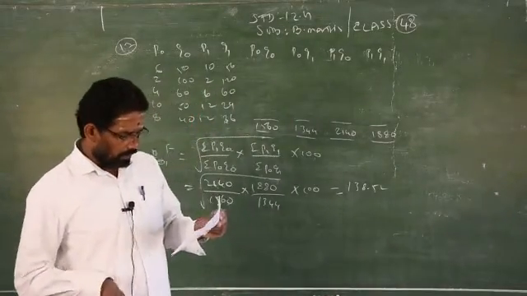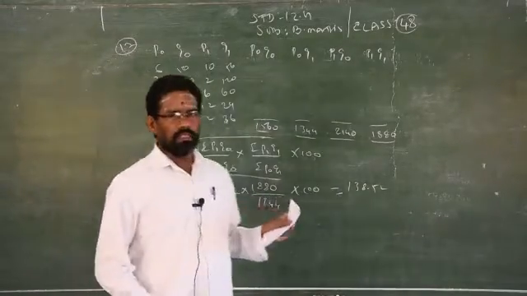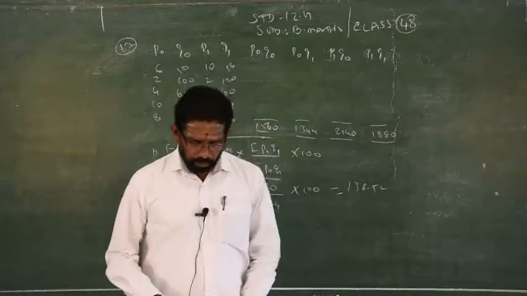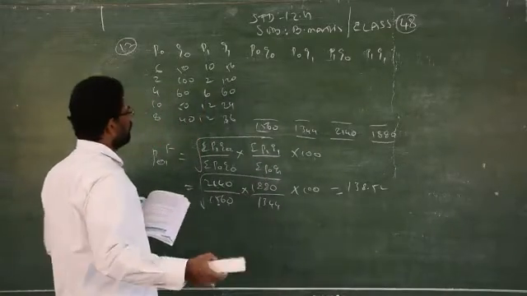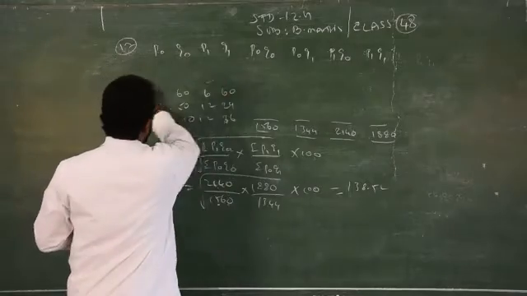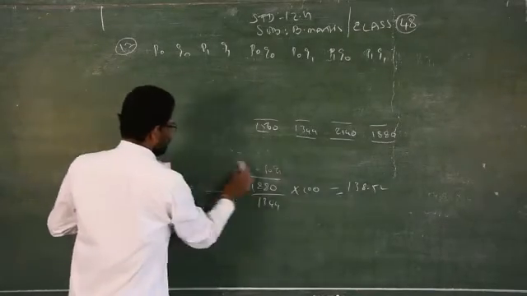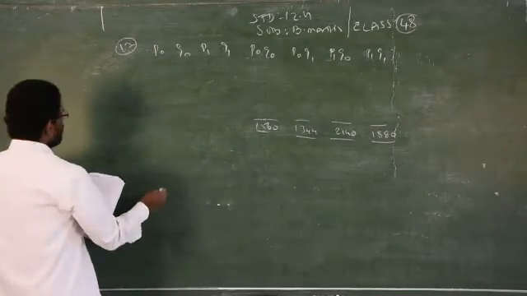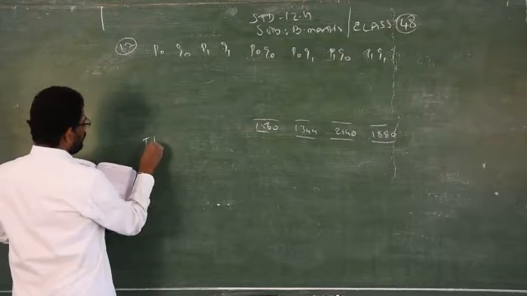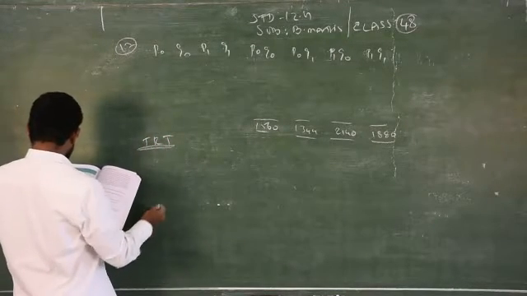Now you have to check the factor reversal test and the time reversal test. Both you have to check. For both we have formulas. I will start first with the time reversal test, that is TRT. What is the formula for TRT?